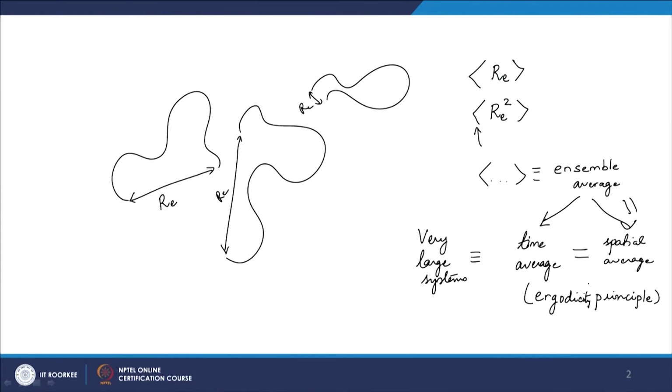Okay. So, going back to the representation of the polymer chain as a random walk, let me briefly illustrate why exactly the random walk represents a model of the polymer chain. Okay.